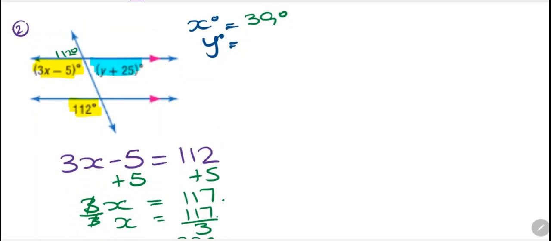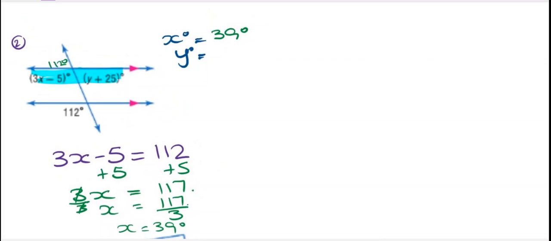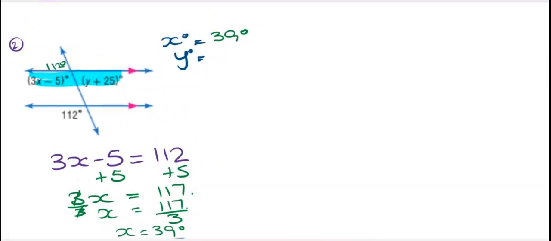Now I know that these are adjacent angles, and they have a sum of 180 degrees. They're supplementary. So let's write in here first what we did with this one. So these were corresponding and they were congruent.